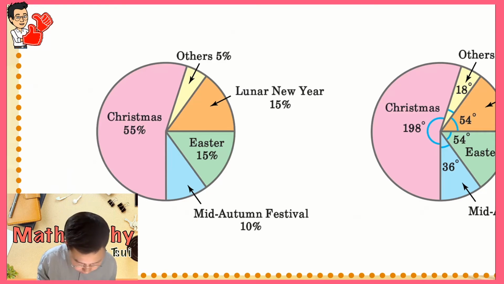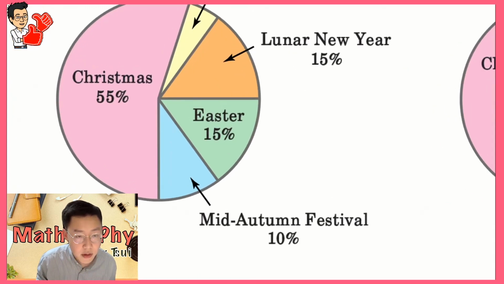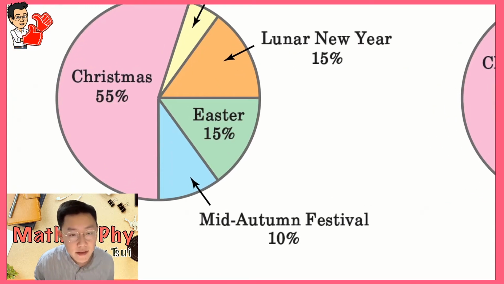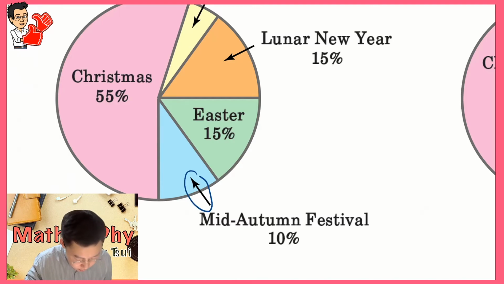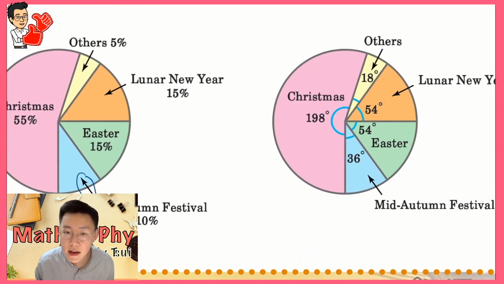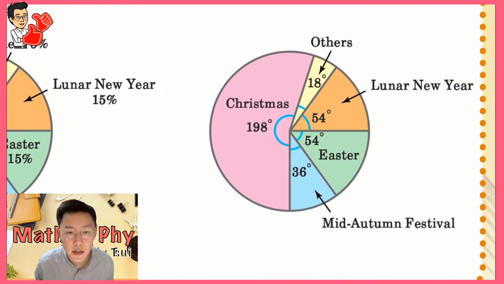If there is not enough space to write down the Mid-Autumn Festival, you can write it outside of the pie chart, and then draw a line to represent that this sector is Mid-Autumn Festival.